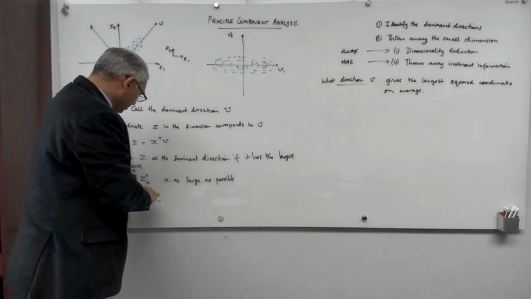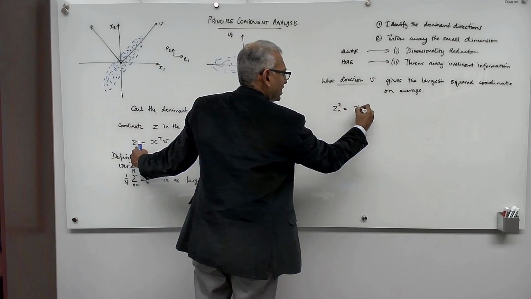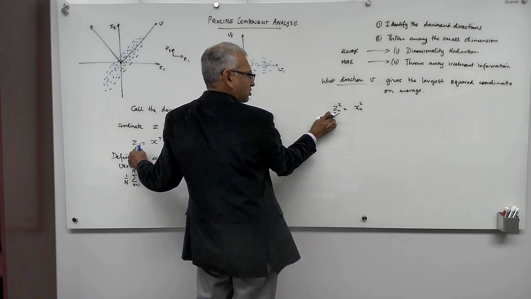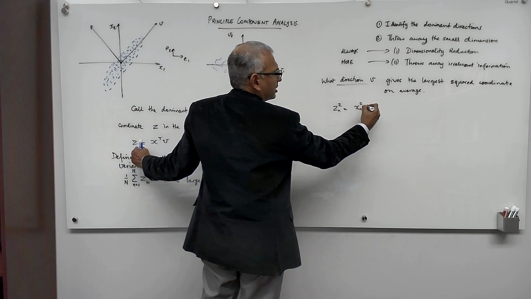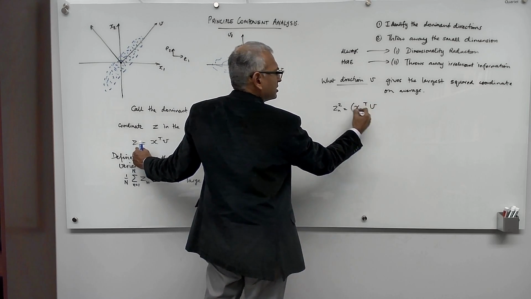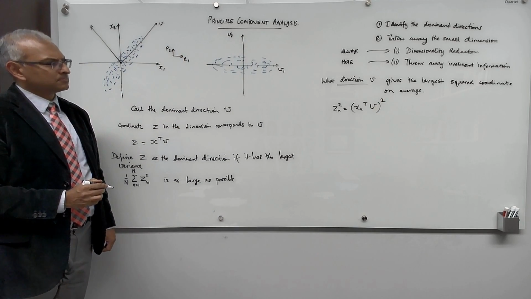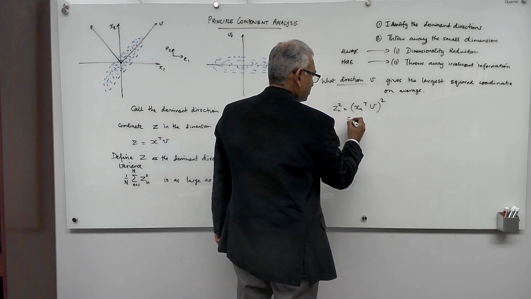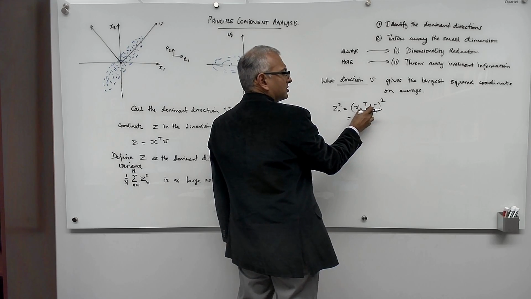Okay, so let's look at Zn squared. So Zn squared is equal to the square of the z coordinate for the nth data point, which is xn transpose v. So that's the coordinate squared. The square of some number is equal to its transpose times itself.